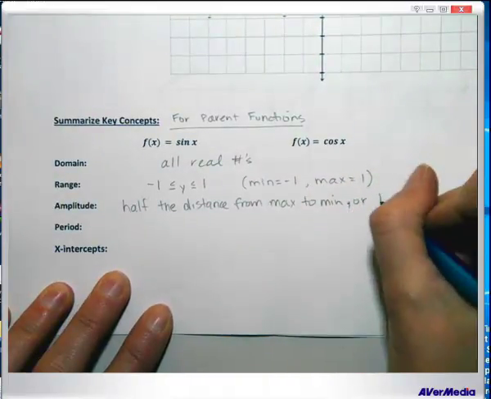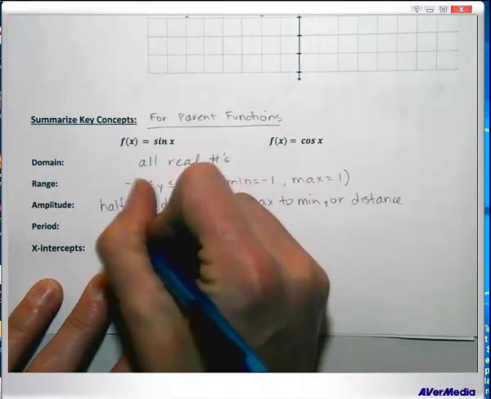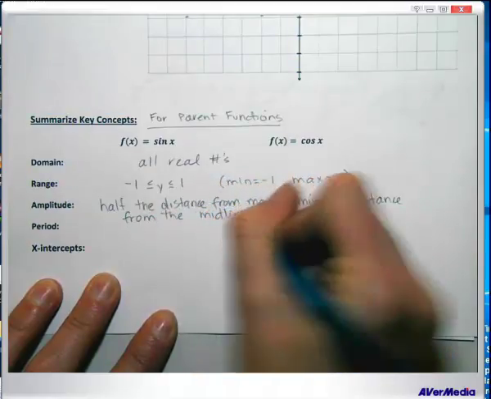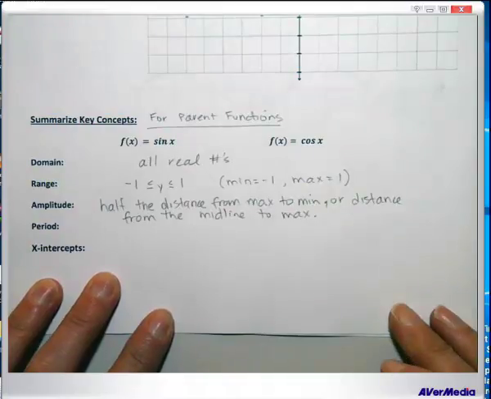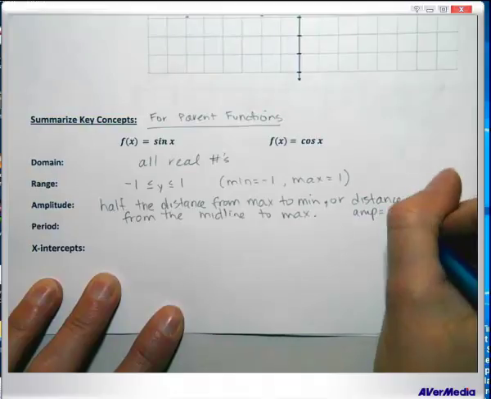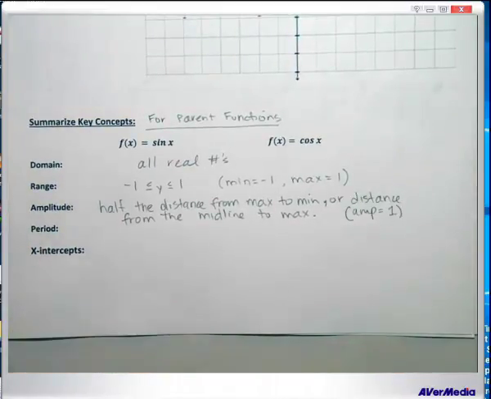Or you could say it's the distance from the midline to the maximum. In this case, our amplitude equals 1 for just the parent functions. Again, if we stretched those graphs, so that instead of going up to positive 1 and down to negative 1, we went up to positive 2 and down to negative 2, then our amplitude would be 2.